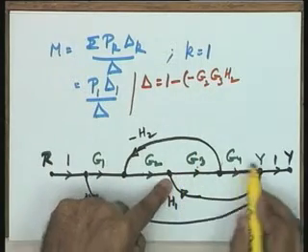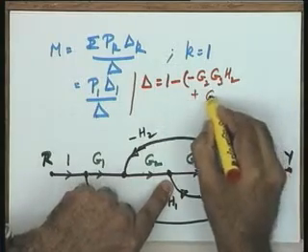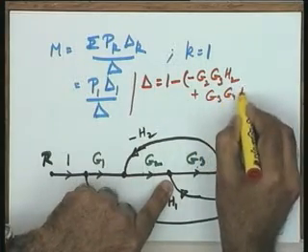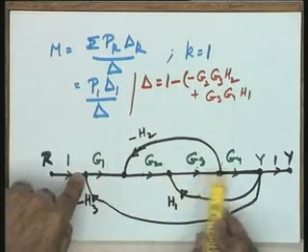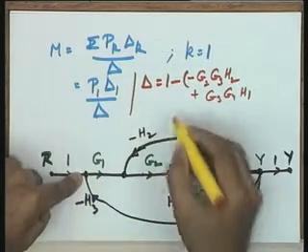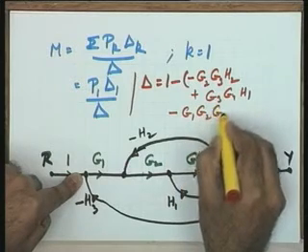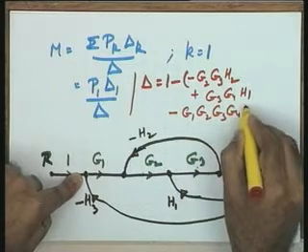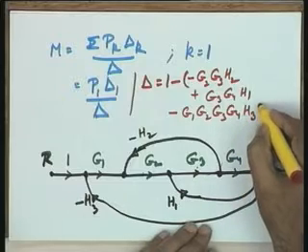Another loop, G3 G4 H1, so minus G3 G4 H1. Third loop is G1 G2 G3 G4 H3 with a negative sign, minus G1 G2 G3 G4 H3. There is no other loop. There are 3 loops only, okay? And therefore, I close this bracket here.